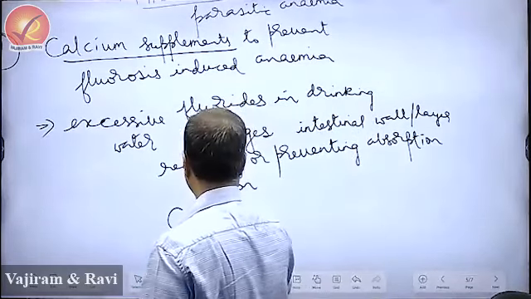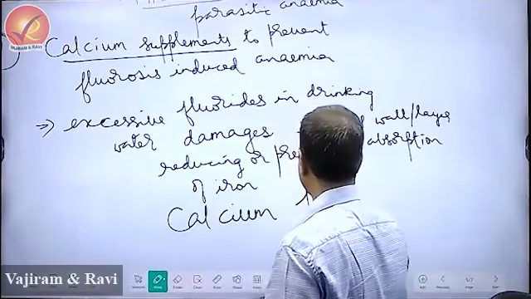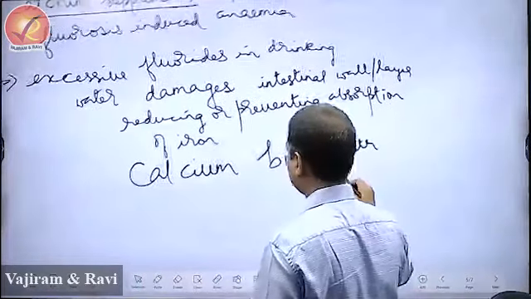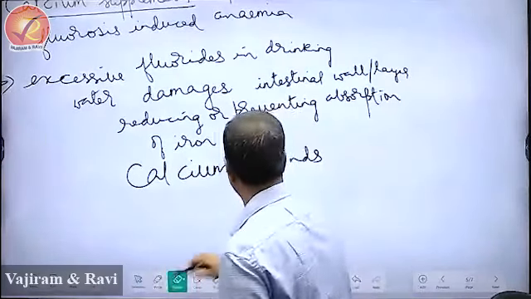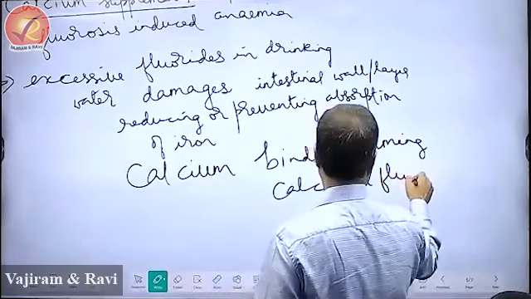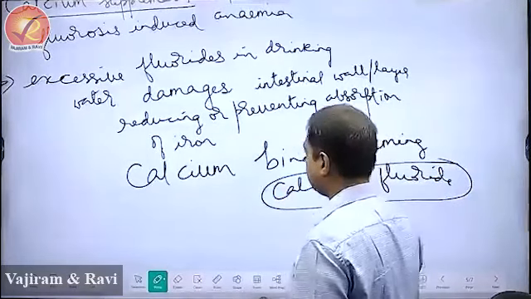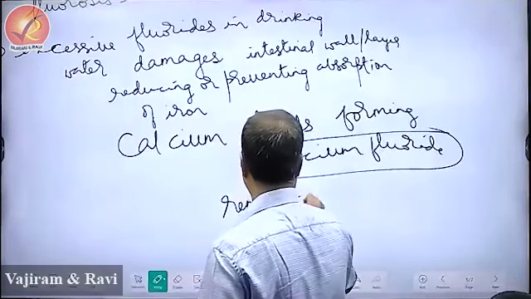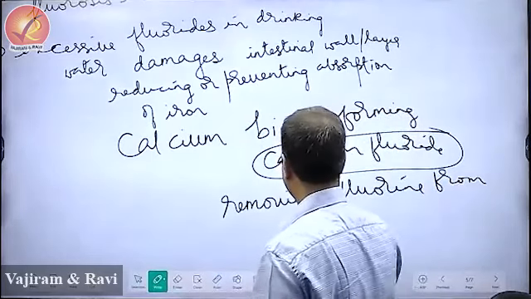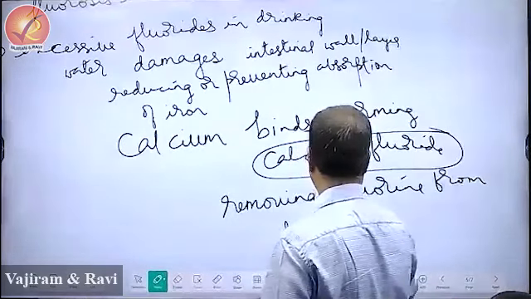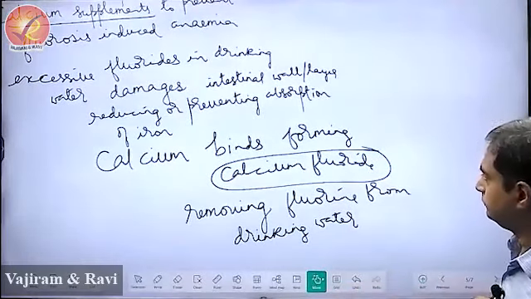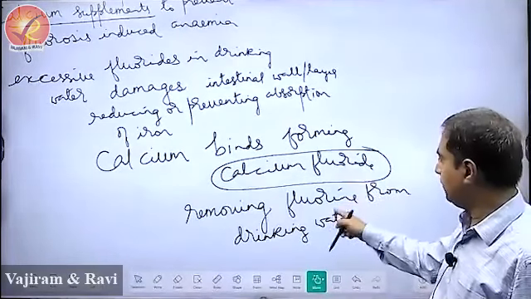So you can write: calcium binds, forming calcium fluoride, removing fluorine from the drinking water.